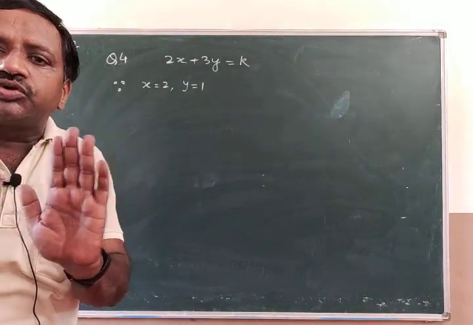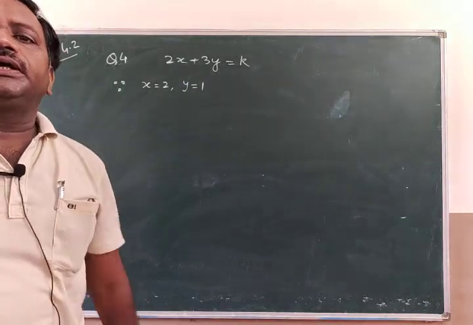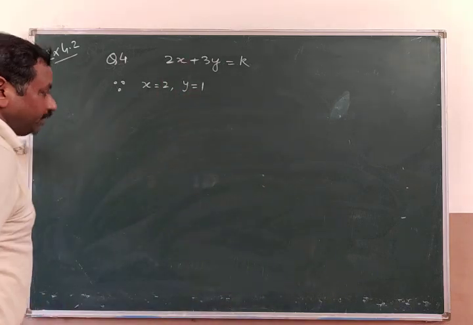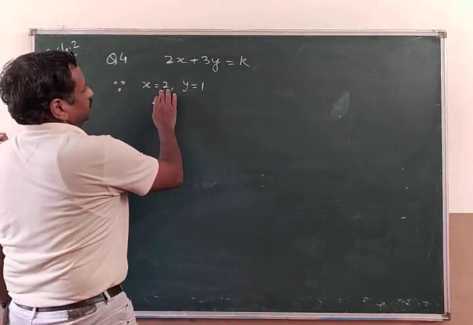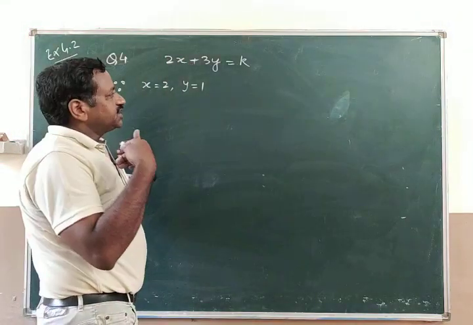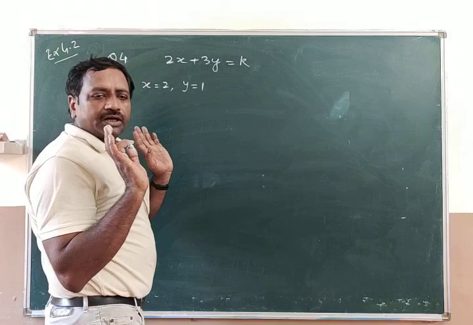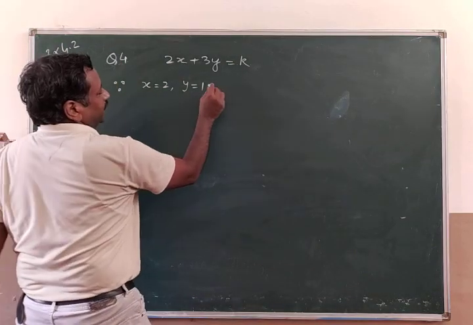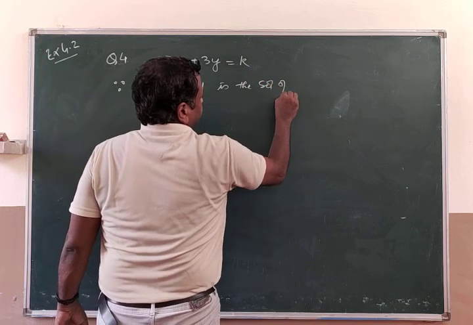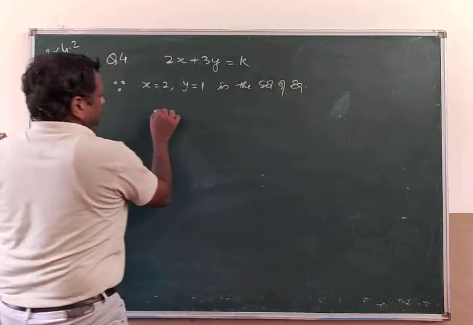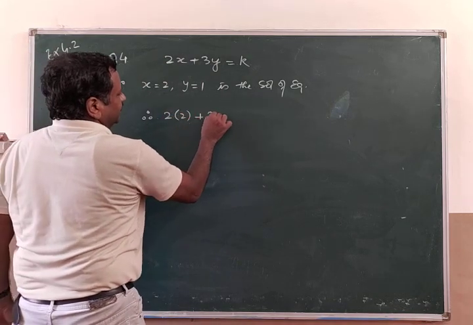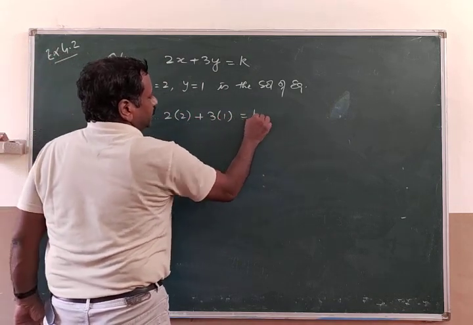So we need not check it, because in the question it is written that it is the solution of the equation. We just put this value in the equation, and in the starting we will write the left hand side equal to right hand side. So because x equal to 2, y equal to 1 is the solution of the equation, therefore 2 into 2 plus 3 into 1 is equal to k.